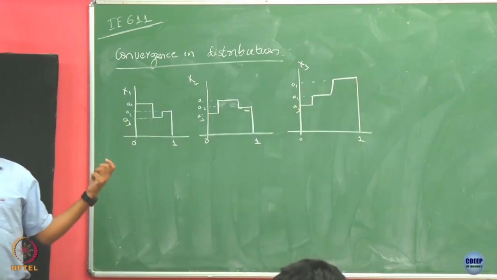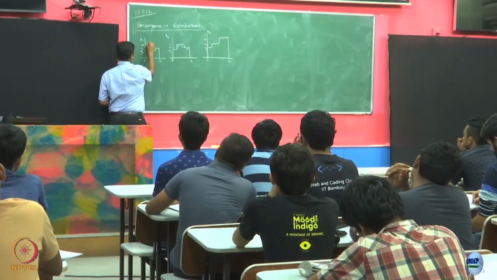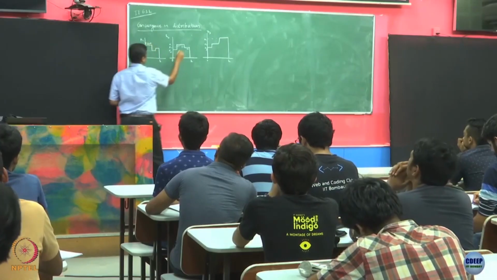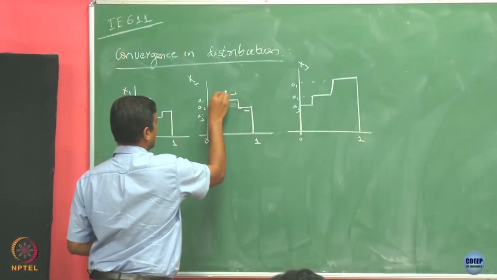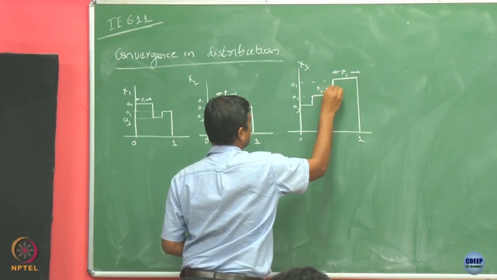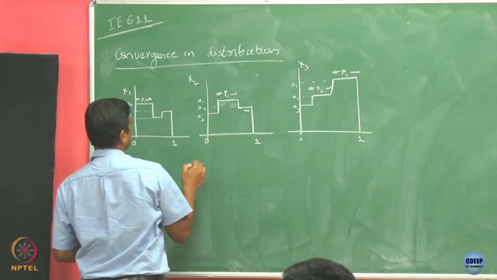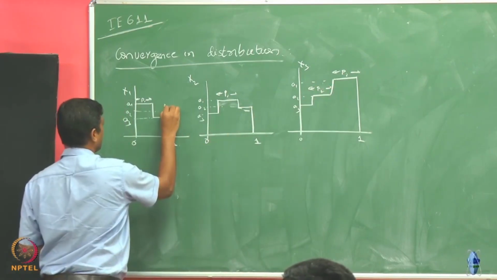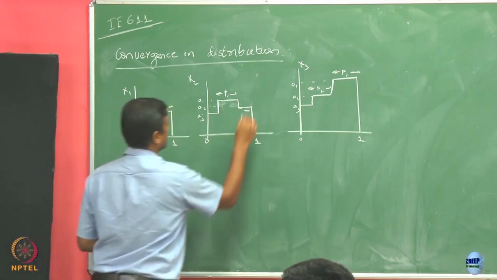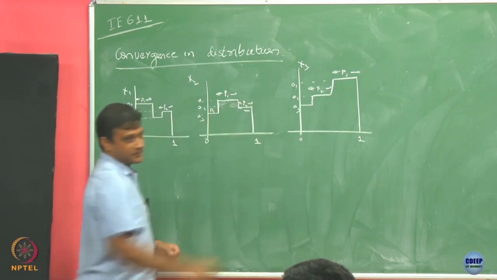My scale may not be correct, but assume that. Whatever this width is, let's say this is p1, the same p1 here, and this is p2, and let's call the third part p3.